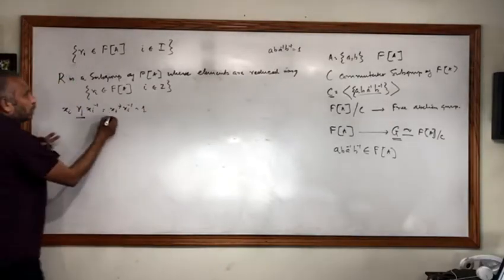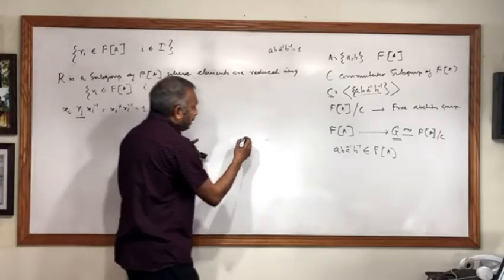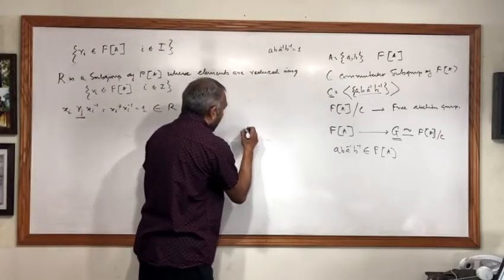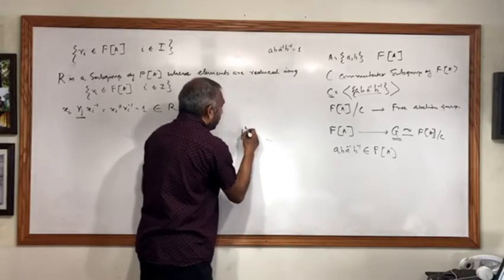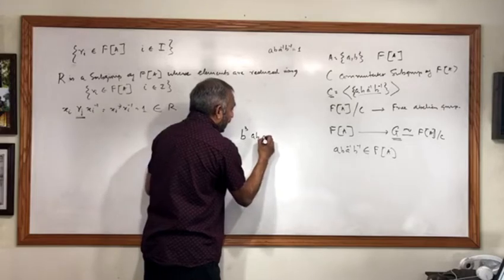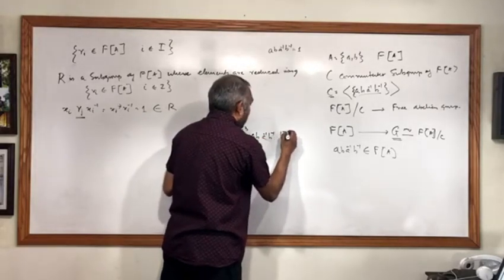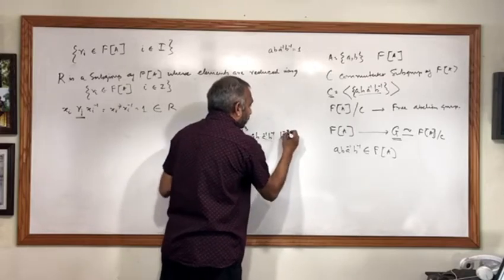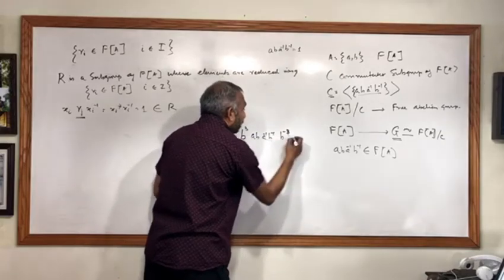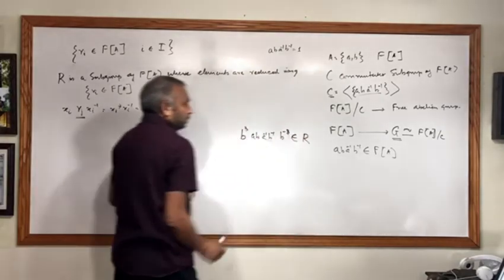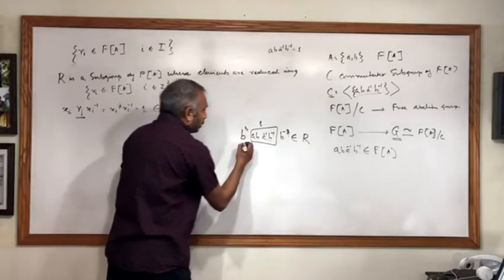So if it is equal to 1, that belongs to R. For example, here, if you say B cube AB A inverse B inverse B minus 3, this will belong to R because this is actually 1.